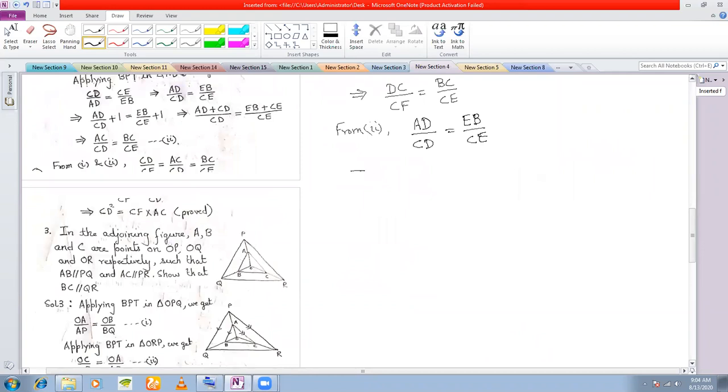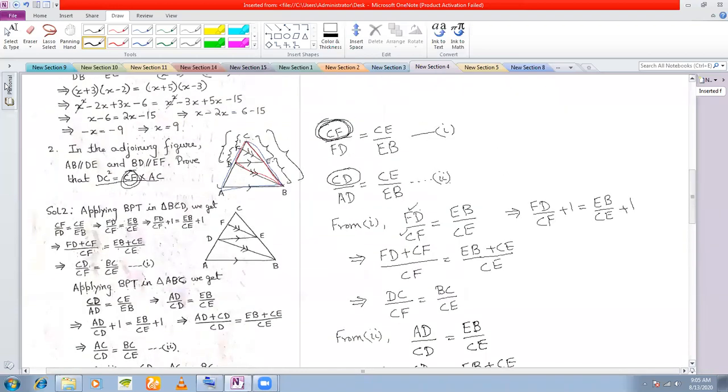Now again by componendo, or you add 1 to both sides, you will get AD plus CD divided by CD is equal to EB plus CE divided by CE. Now let's see what is AD plus CD.